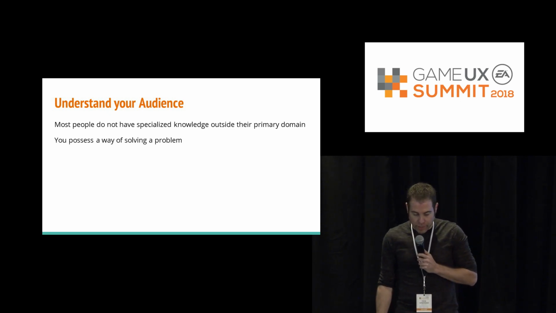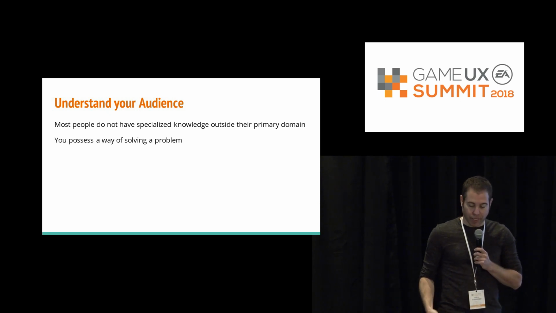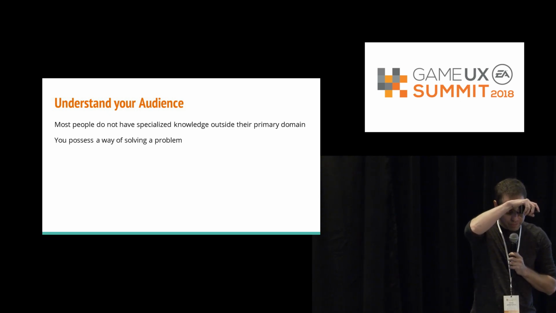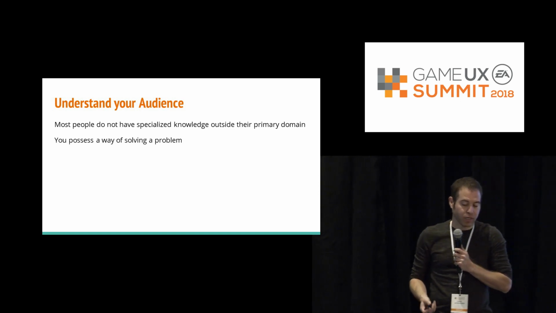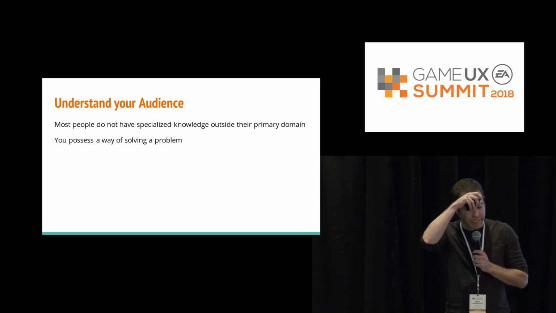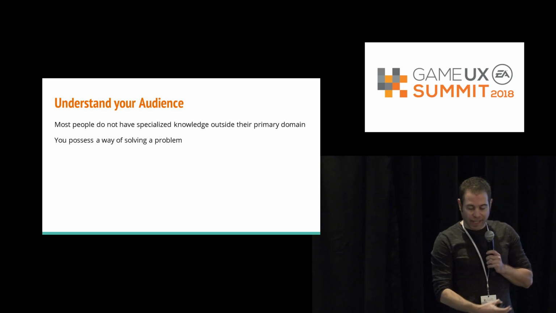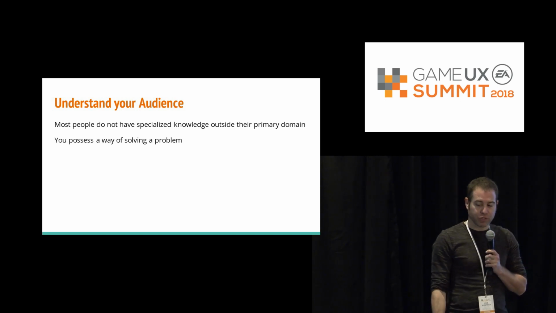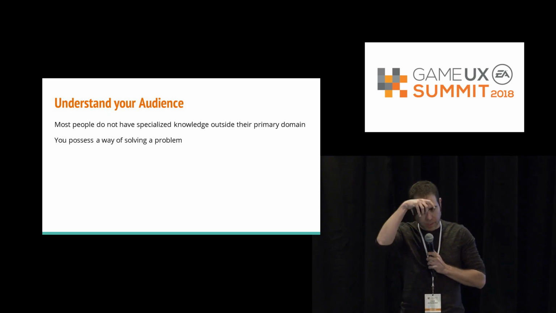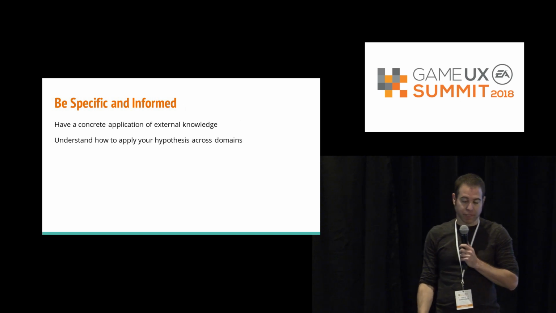The way to go about doing this, though, is not to just speak in broad generalities. It often happens where you might think, okay, I'm great at architecture, and so I can design great buildings, and that's fine and perhaps true. But the way to persuade people to your cause is to have a concrete application of external knowledge.